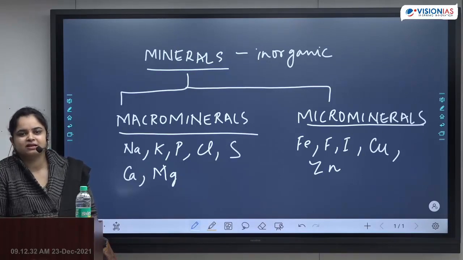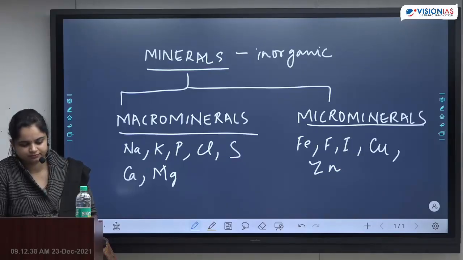And the last one, magnesium. Sources: nuts, seeds, and its deficiency causes poor muscle coordination.